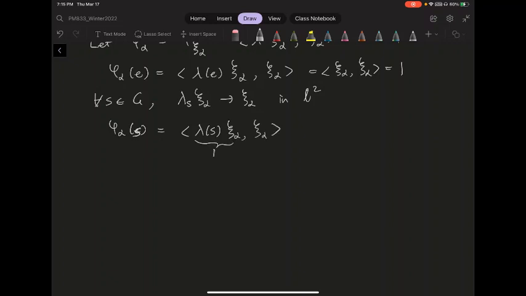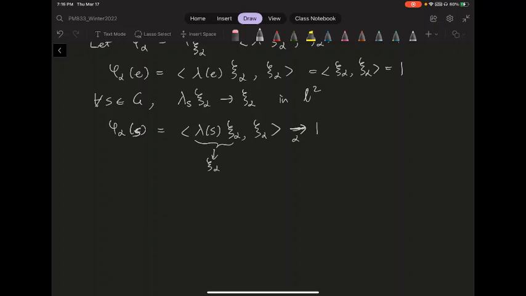But this one will get arbitrarily close to psi alpha. And again, the psi alpha is a unit vector, so their inner product is 1. So this one is going to converge to 1, okay, as alpha gets large. All right, so basically now we have a pointwise convergence to 1.